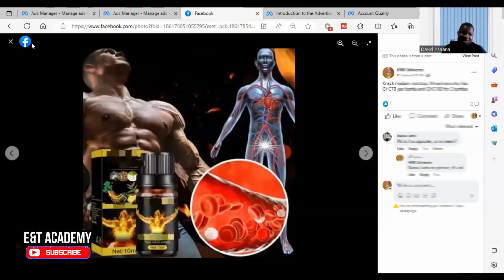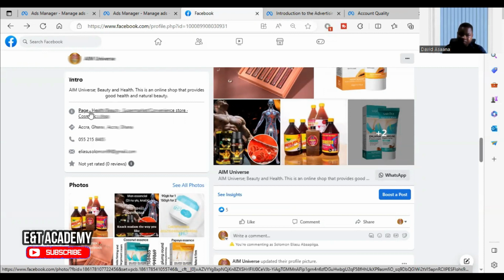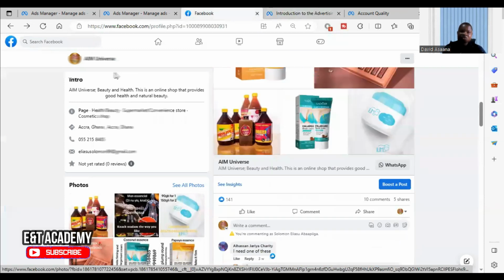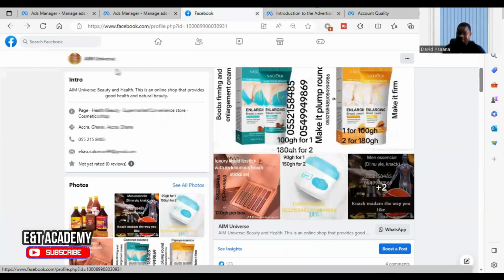Now, if your page is permanently disabled for violating their policy, this is how to create a new page. You have to check the page name and the category of the page. For example, this page's category is health, beauty, and all that. We also have supermarket or convenience store and all that. When you create the new page, don't use the same name. The first page here was MUniverse.